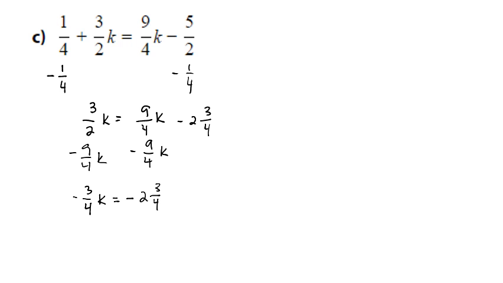So this is negative 3/4 times k. To get rid of it, I'm going to divide each side by negative 3/4. So negative 2 3/4 divided by negative 3/4 is equal to 3 2/3.